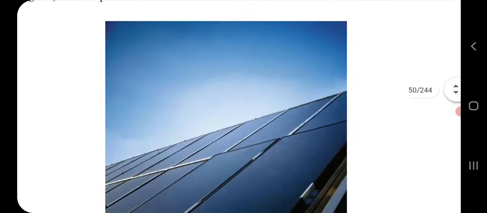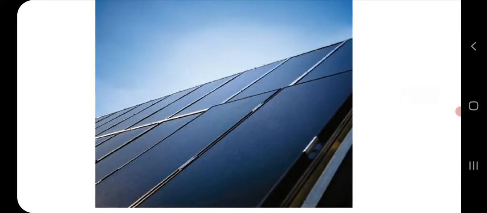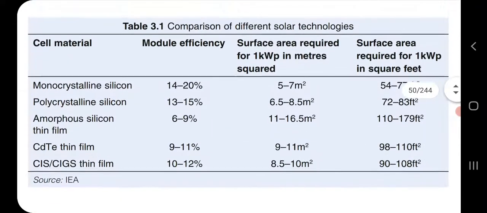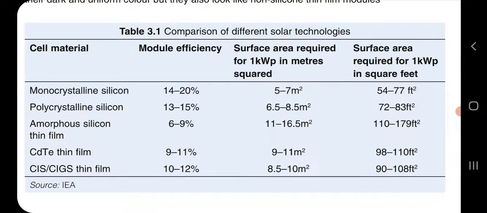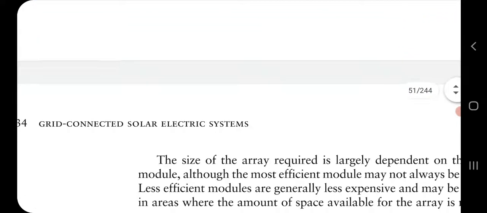Now you can see a thin film PV panel, and the comparison of the efficiency of different technologies is given. Monocrystal efficiency is from 14 to 20, while thin film is less than 20. The efficiency and surface area required for producing electricity are also given. Here it is just a comparison.